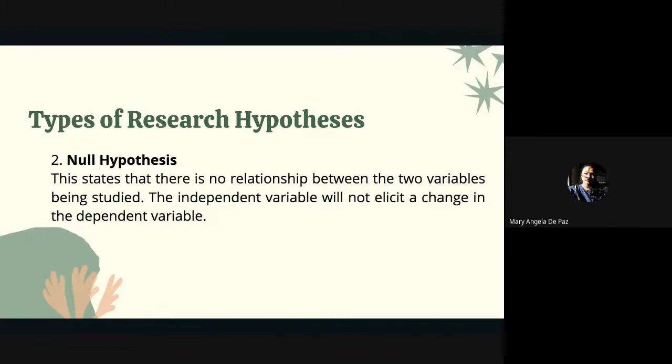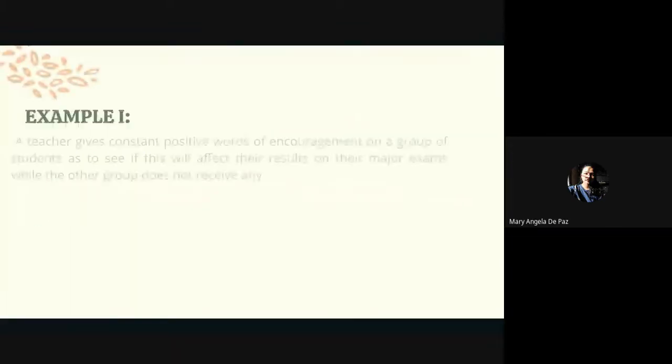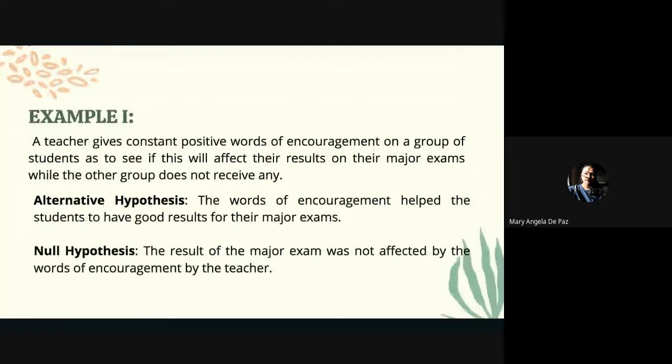So we have several examples. Let's analyze example number one. So a teacher gives constant positive words of encouragement to a group of students to see if this will affect their results on their major exams, while the other group does not receive any. So we have two hypotheses. For our alternative hypothesis, the words of encouragement help the students to have good results on their major exam.